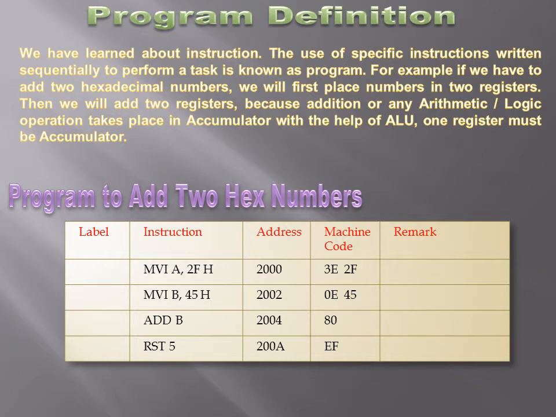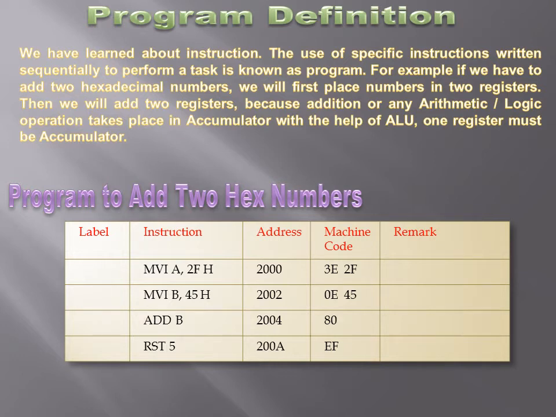H indicates that the numbers are hexadecimal. When we say ADD B, it means the contents of the B register will get added to the accumulator, and then we apply the restart RST5 for a temporary halt.